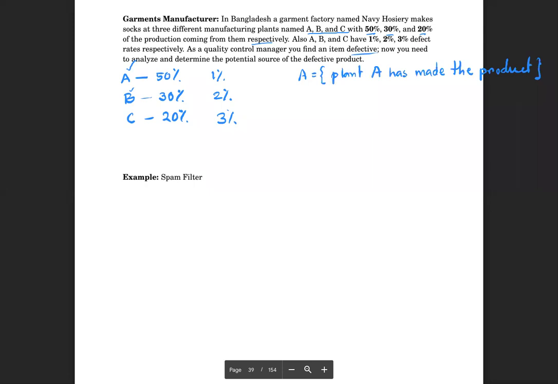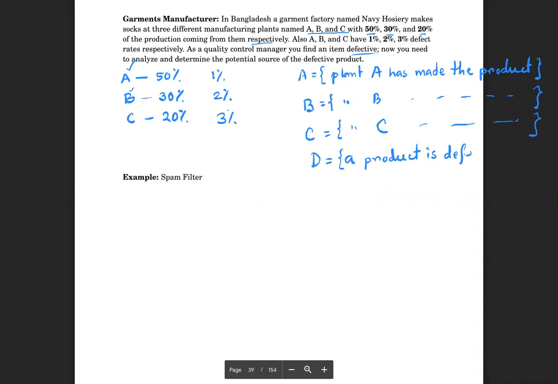B is the event that plant B has made the product. And C is the event that plant C has made the product. And D is the event that a product is defective.